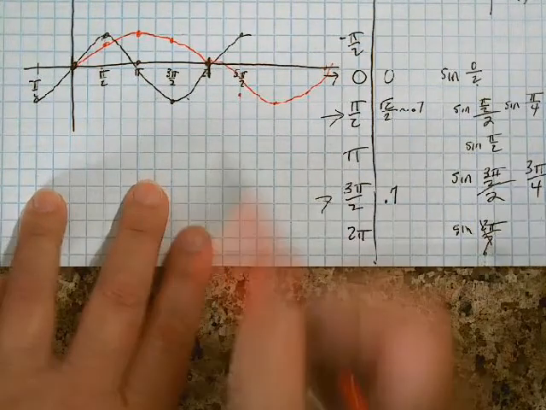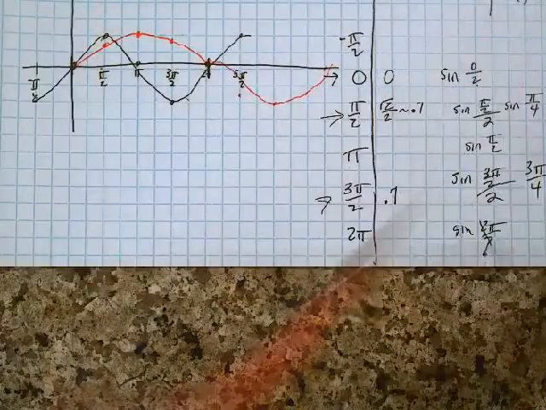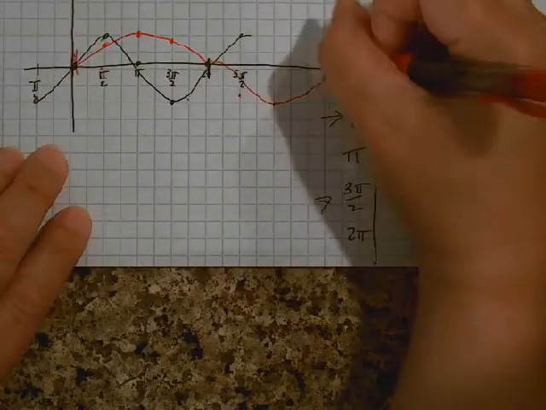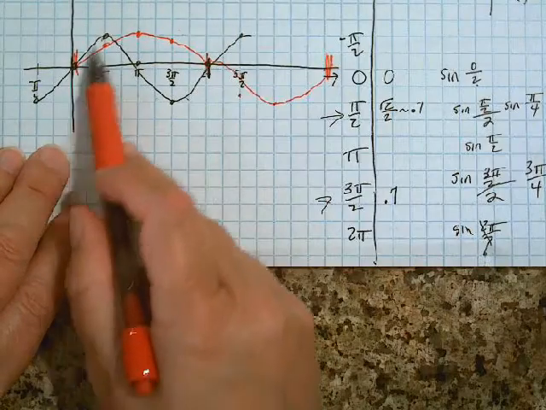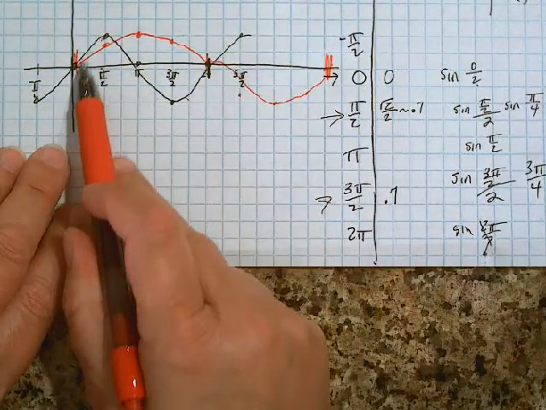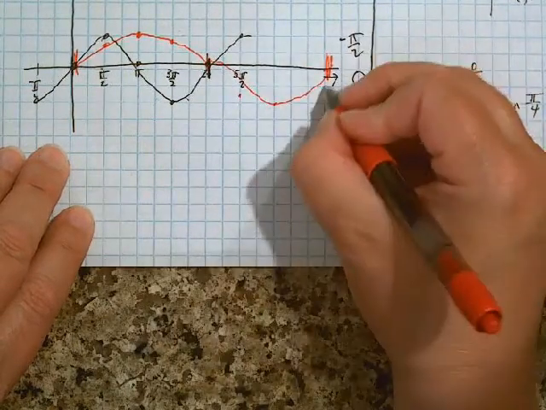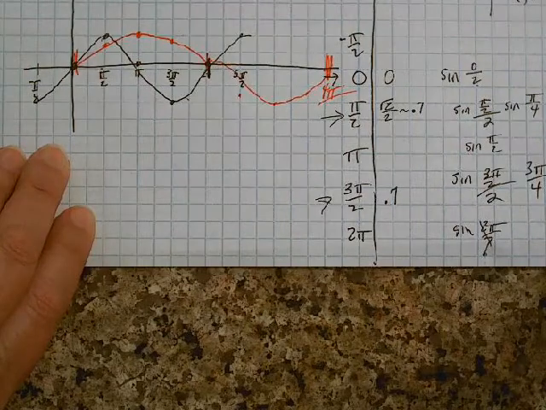So it's taken this black curve and stretched it horizontally. So now from the start to the stop of my graph is not just 2 pi anymore. It's just half of it. So it's going to take all the way over here to 4 pi to make 1 period.